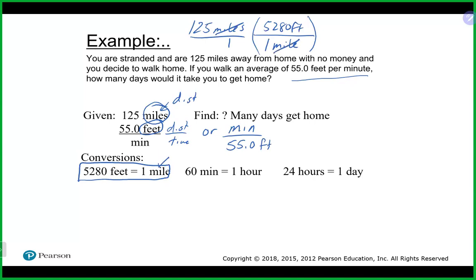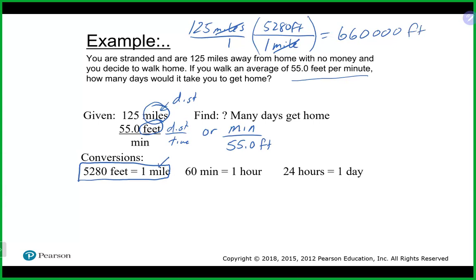Once again, we're multiplying the top, dividing the bottom. Not much here to divide on the bottom there. So 125 times 5,280 is going to give me something like 660,000, I think.